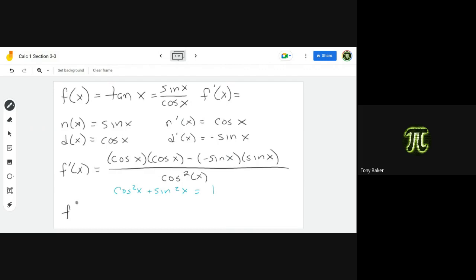So my f prime of x is now 1 over cosine squared x, which is what? Yes, secant squared x. So my derivative of tangent of x is secant squared x.